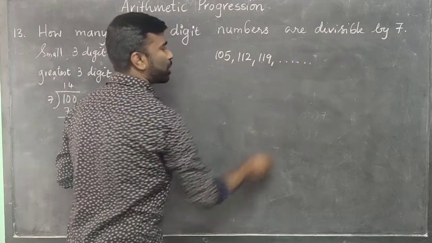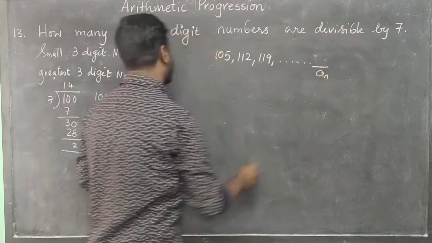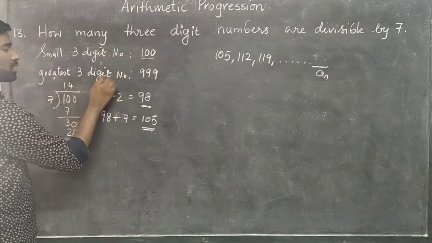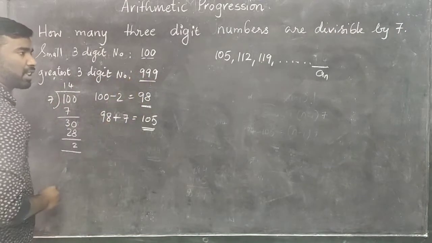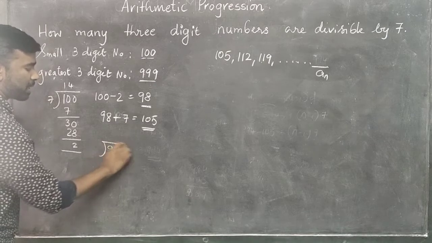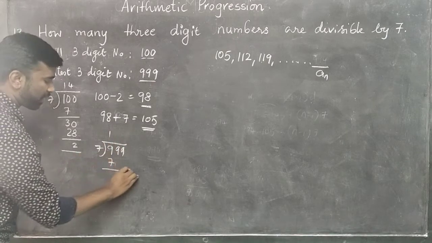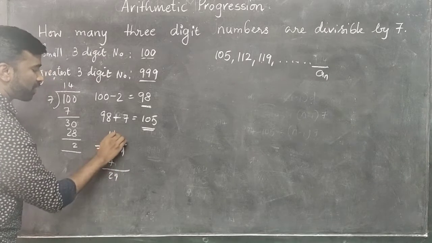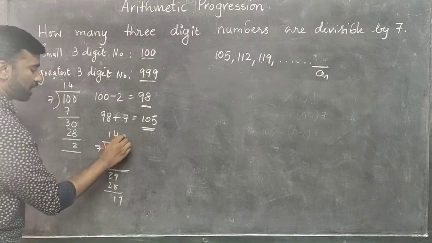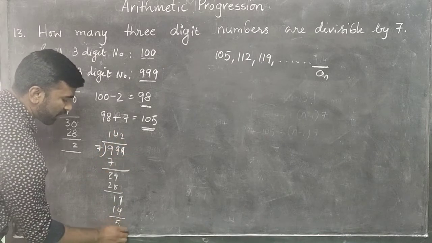To find out the number of terms, we should know the last term or the nth term. How to find out the nth term? The greatest 3-digit number is 999. Divide 999 by 7. Now 7 ones are 7, we get 29. 7 fours are 28, then we get 19. 7 twos are 14, we get remainder 5.